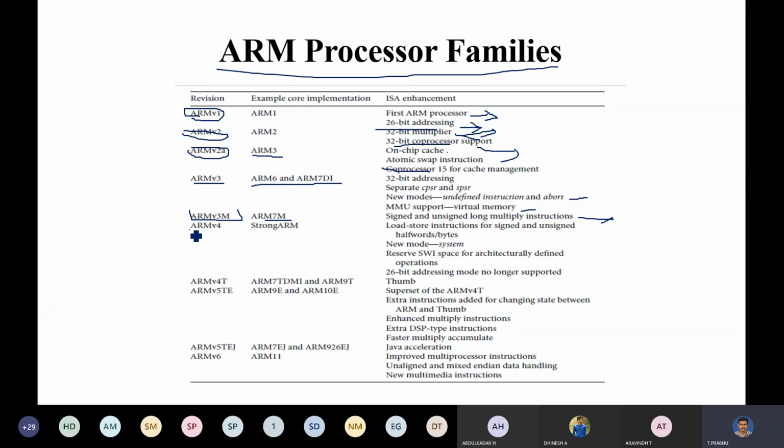ARM version 4 has StrongARM. This ARM core is called StrongARM. It has load and store operations for signed and unsigned halfwords and bytes. It has a new mode, and it has a reserved software interrupt space for architecturally defined operations.